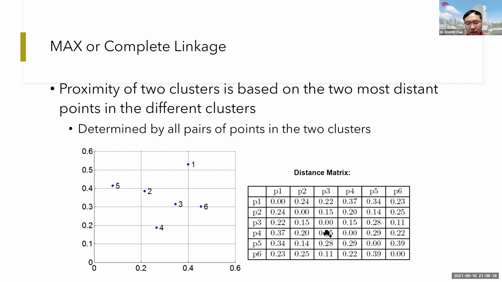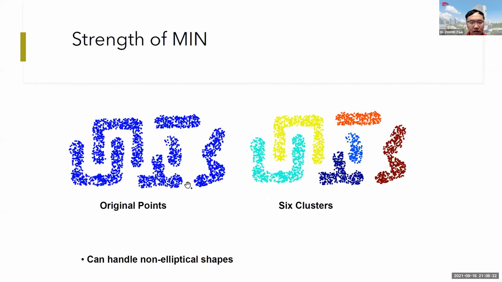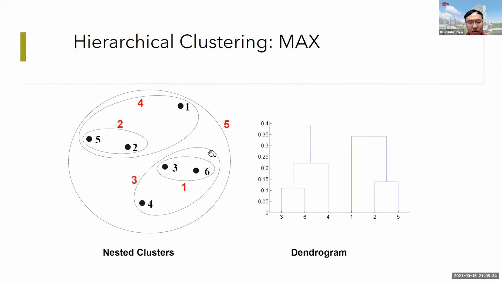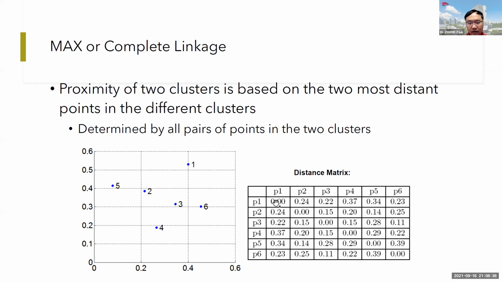We look at their closest distance. For example, when we treat individual data points as clusters and we start to merge, we always pick 3 and 6. Why? Because they have the smallest distance at the beginning stage. So we will always merge 3 and 6 first.